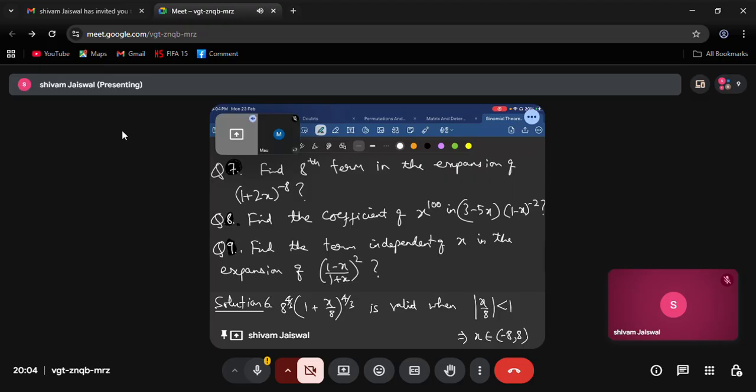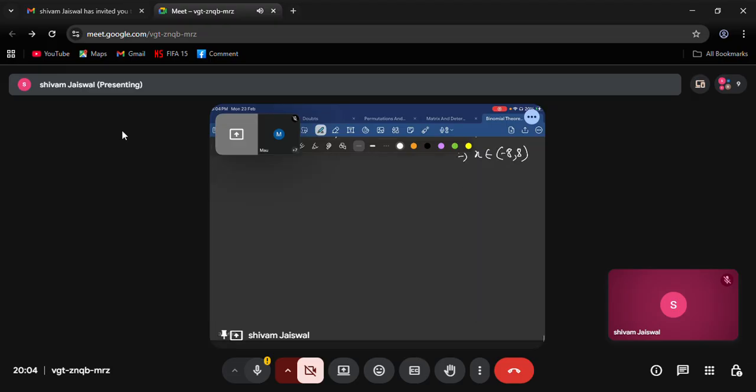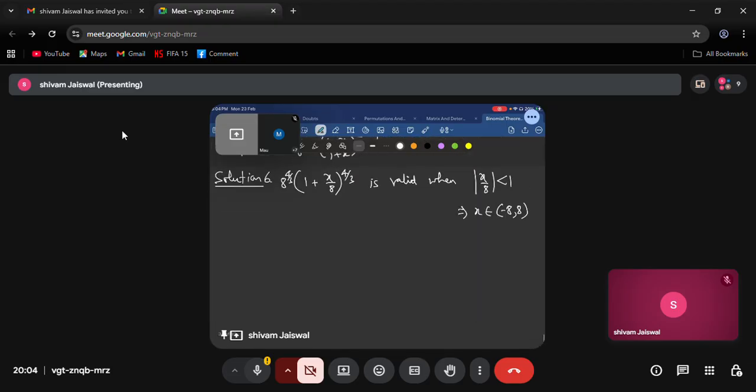Okay. I'm starting with number 7. We need to find out the 8th term in the expansion of (1 + 2x)^(-8). So what is the 8th term? Okay.